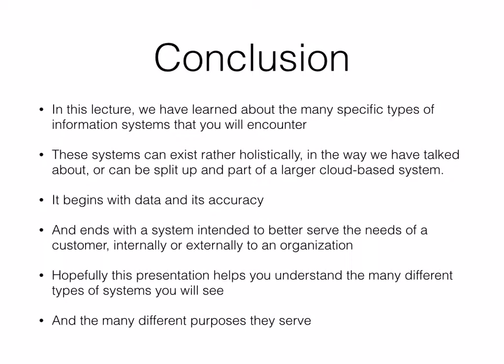And so hopefully I've helped clue you in to the many different types of systems and practices that these systems help enable, that you'll see in the organizations and businesses that you go out and work in.